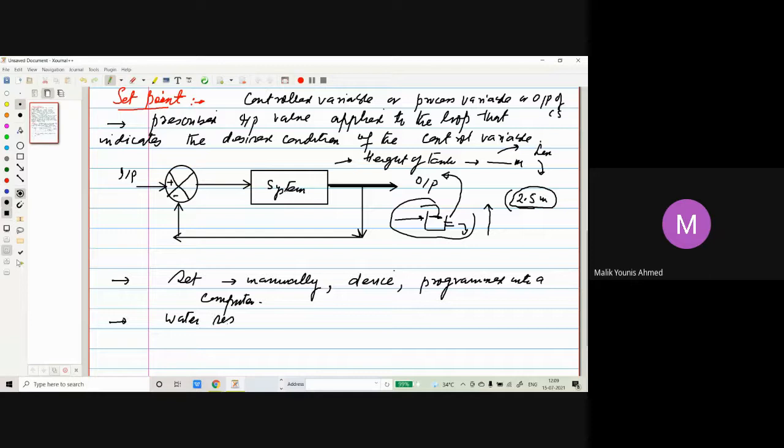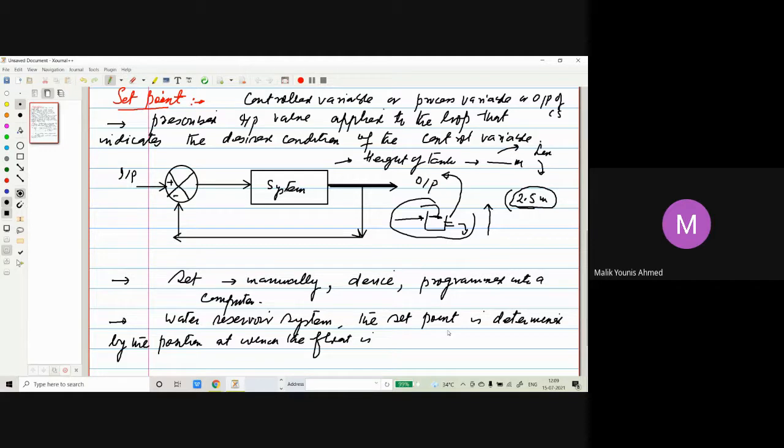If we talk about the set point in the water reservoir system, the set point is determined by the position at which the float is placed on a rod.